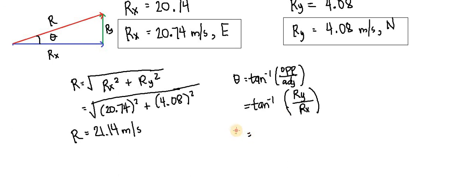Okay, so that's theta is equal to the tangent inverse of r sub y natin is 4.08 meter per second, and then we have 20.74 meter per second.